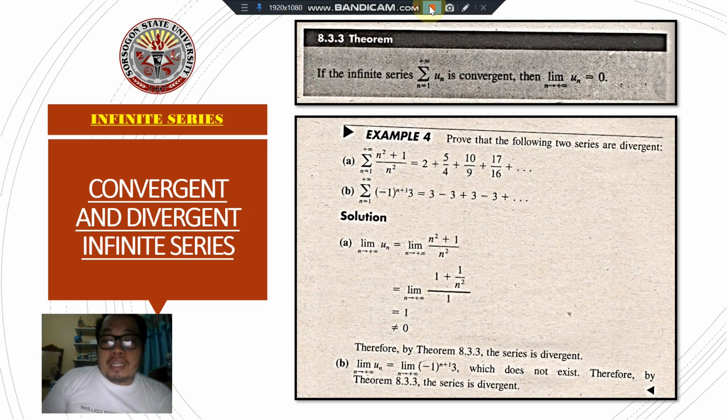So the given series is also divergent. Again, for us to consider that the infinite series is convergent, the limit of u sub n, as part of the infinite series, should be equal to 0.